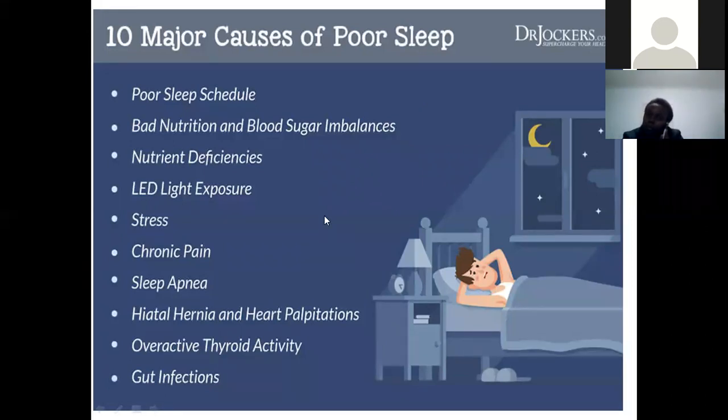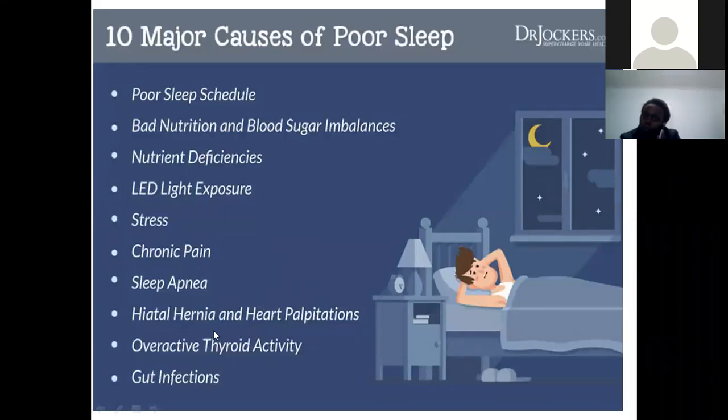Chronic pain. How many people are in chronic pain? So many. Sleep apnea. Those are the people who have challenges with breathing because of, you know, when they lie on their backs, for example, or when they are overweight or obese, they can develop sleep apnea, or just having chest problems.